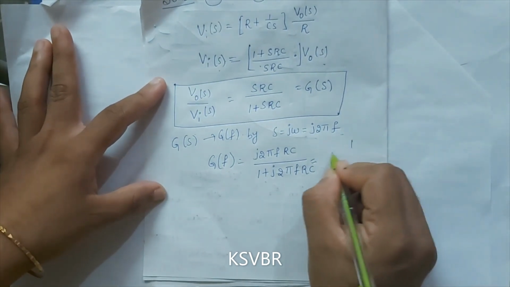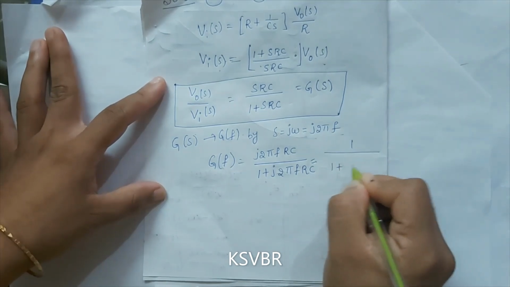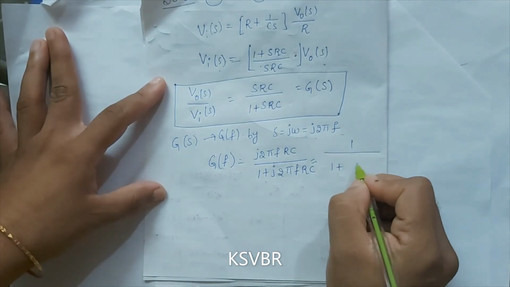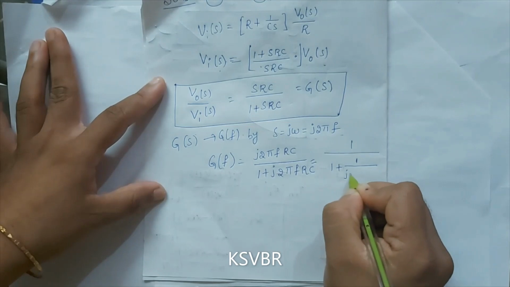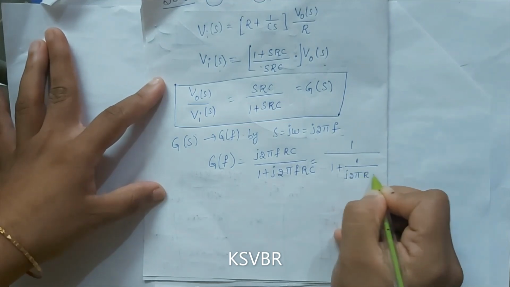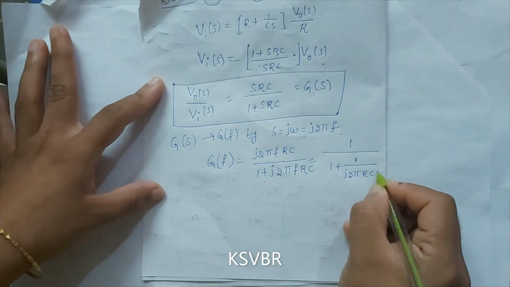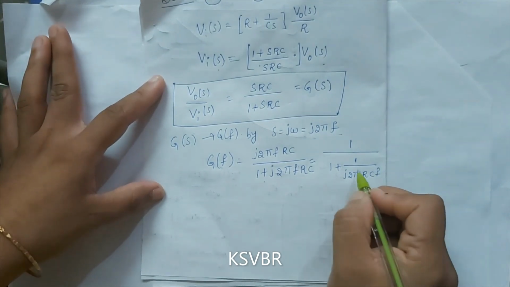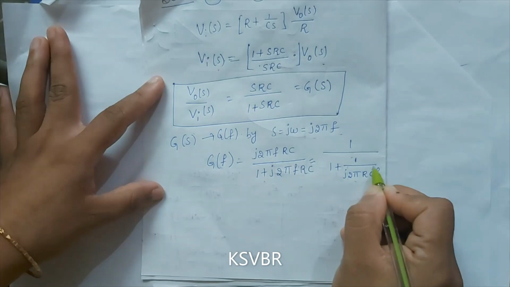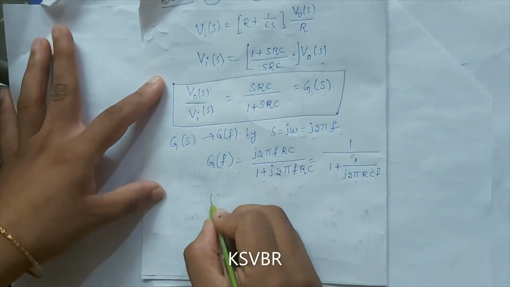How can I write this? 1 by 1 plus 1 by J into 2 pi RC into F. So I can call this 1 by 2 pi RC as FL.